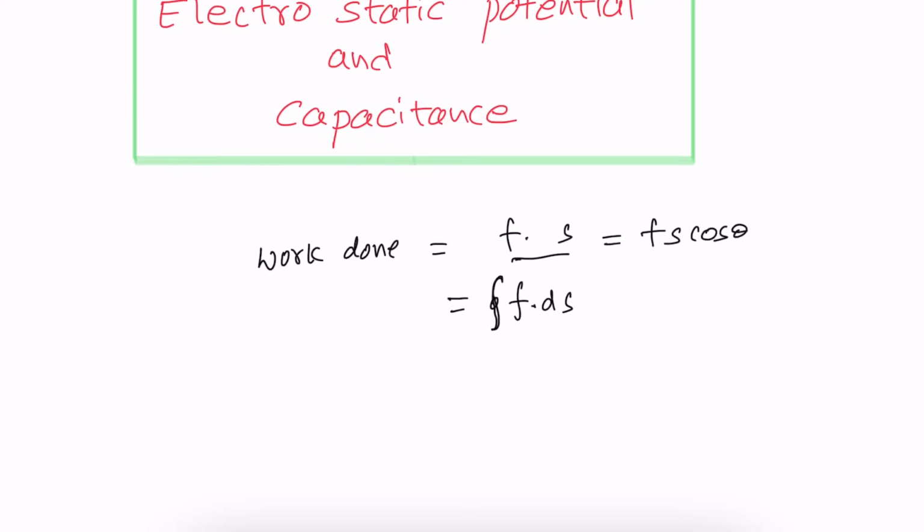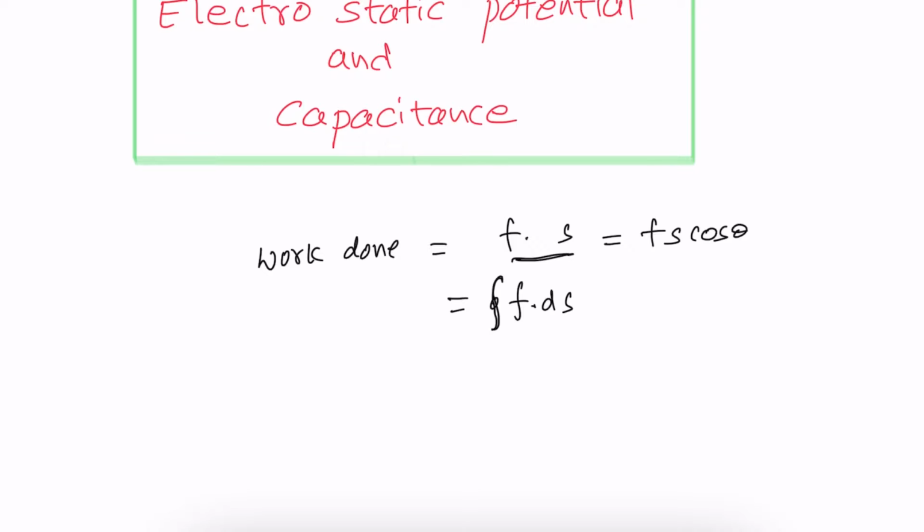We know, if functions are in multiplication form, then we use integration; if in division form, then we use differentiation. So here we use integration to calculate the work done if force is variable.